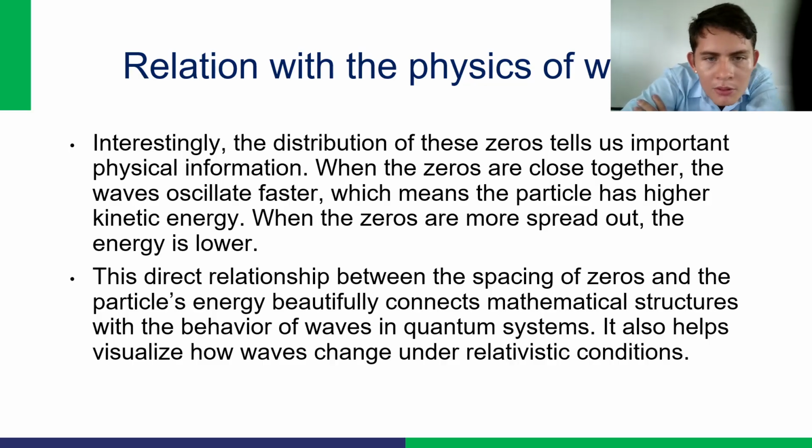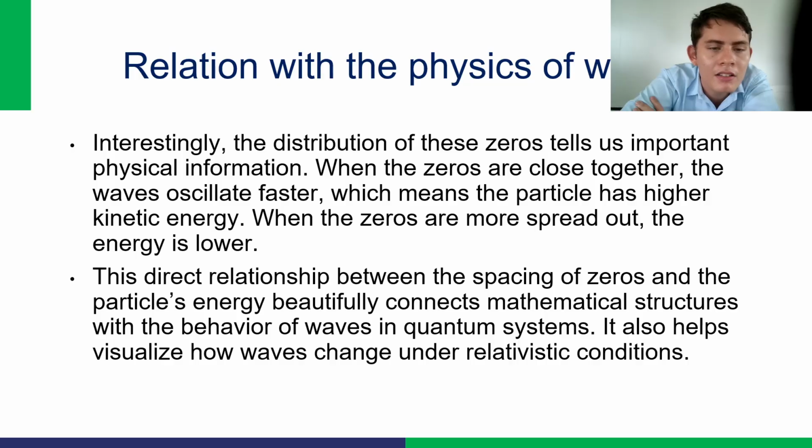Interestingly, the distribution of these zeros tells us important physical information. When the zeros are close together, the waves oscillate faster, which means the particle has higher kinetic energy. When the zeros are more spread out, the energy is lower.